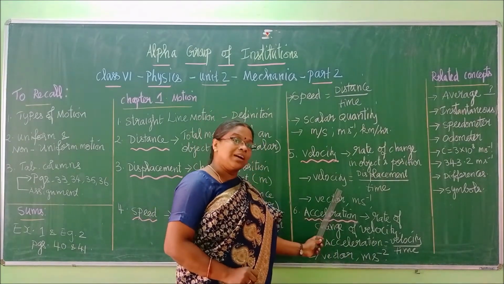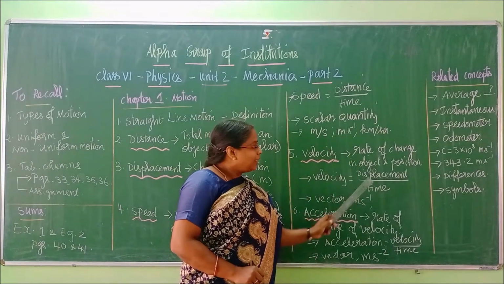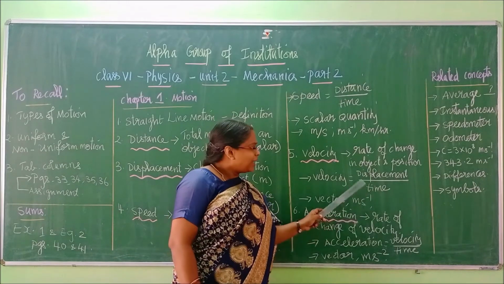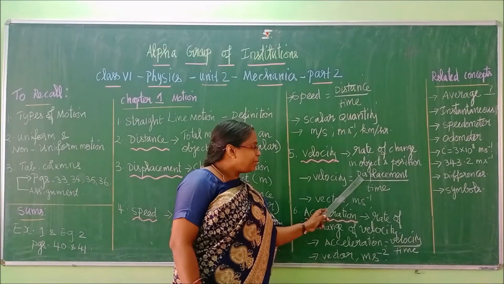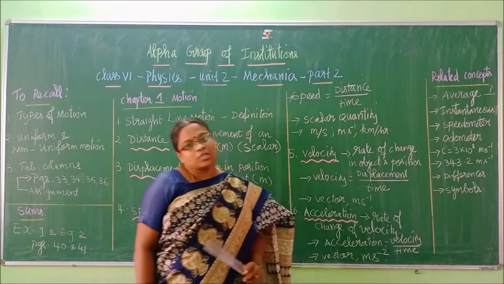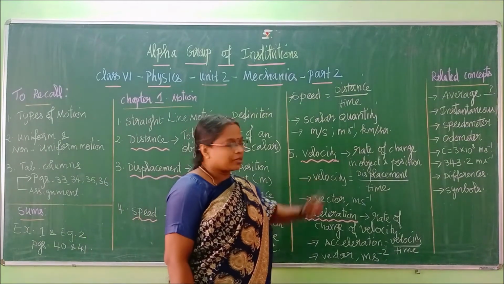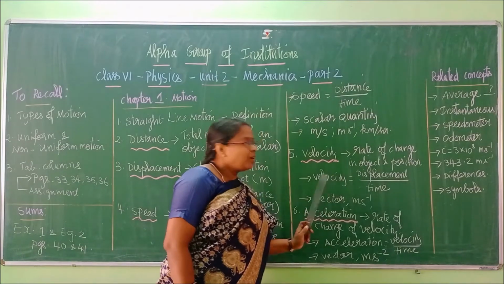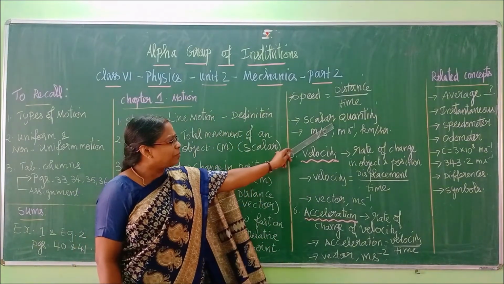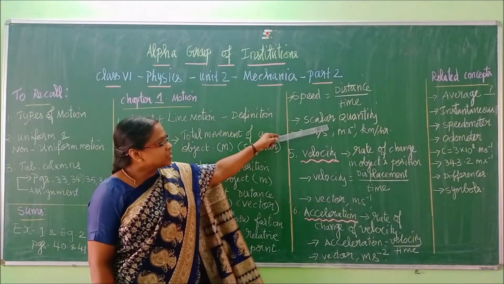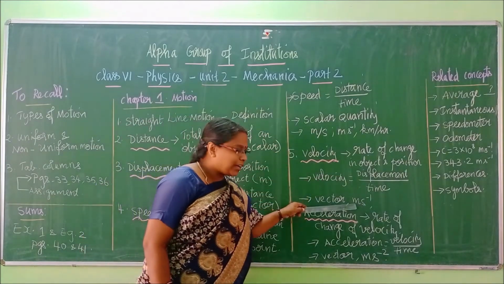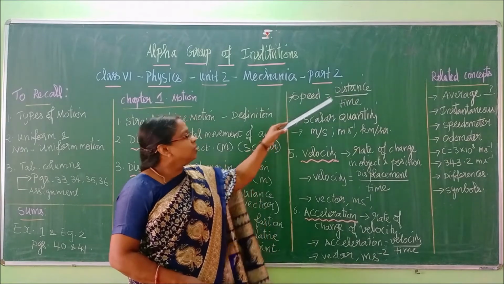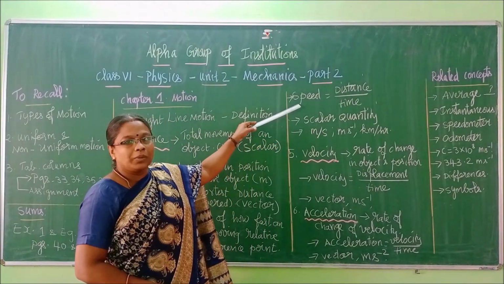What is the definition? Come on, tell me. As we said, divided by time means rate. Say it now: rate of change of displacement is called velocity. That is what I have written here. Similar to what we practiced, this is scalar and this is vector. Why? Here distance is scalar, so speed is also scalar.